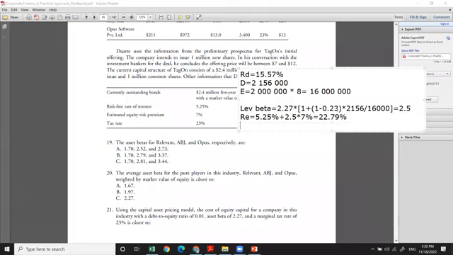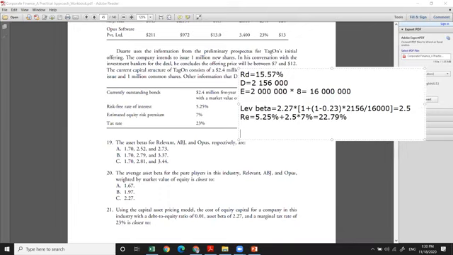Now we can calculate the proportion of debt: debt divided by debt plus equity. It's very easy to calculate. The debt is here, the equity here, like 2,156,000 divided by 18,156,000.